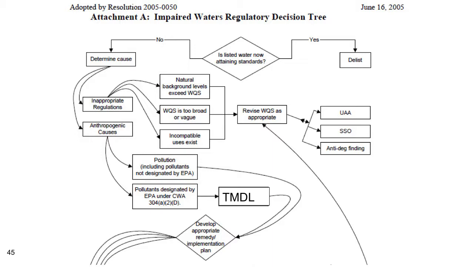So this whole first half of the flow chart hopefully takes you through some of those thought processes, some of those questions about whether the cause of the impairment is because the standard should be changed, or because the standard is right and there are anthropogenic causes associated with it.